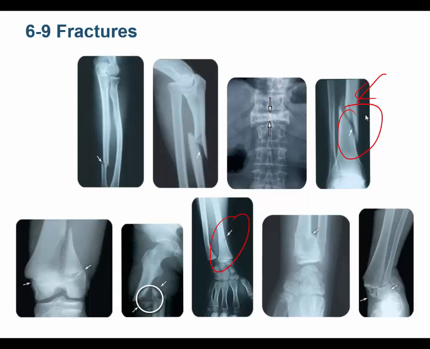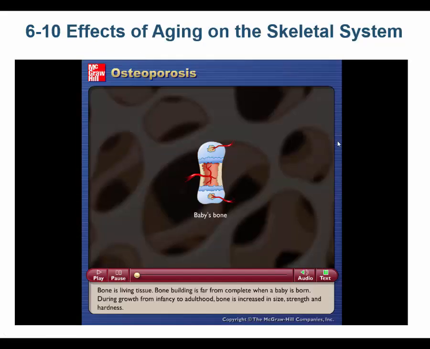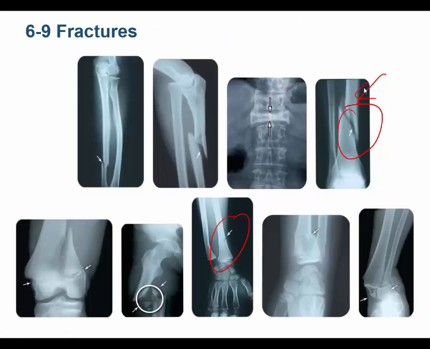I can't tell if that's the tibia fibula, I think. Yeah, that's the tib fib. Whoop. So that's not the one. Wish I had the book on me right now. Yeah, it's got to be this one. Colles'. And this must be the bimalleolar. Anyway.